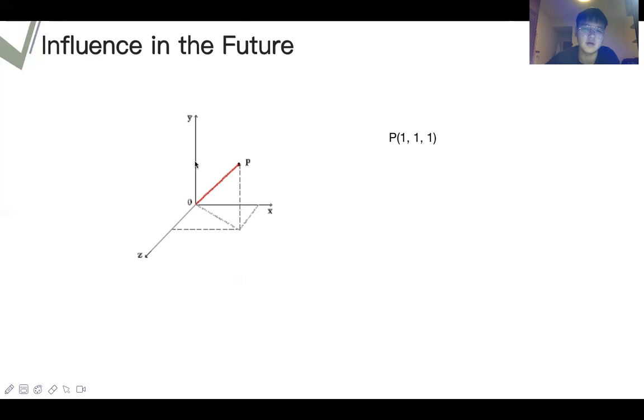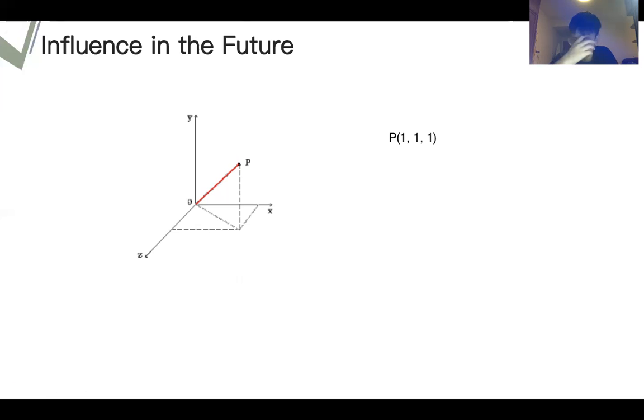The same thing works on the Y line. So actually, OPX is exactly the projection of OP on the X line.